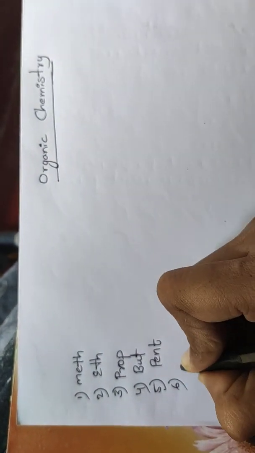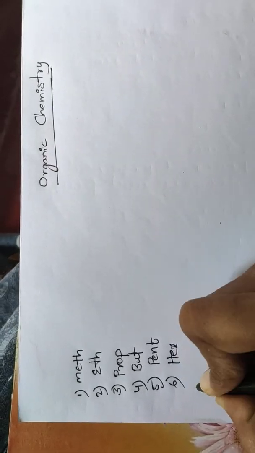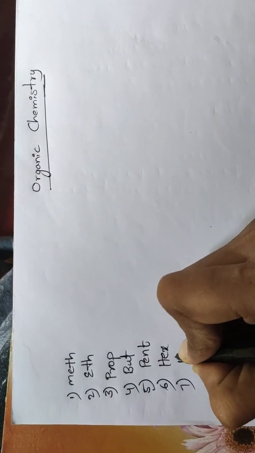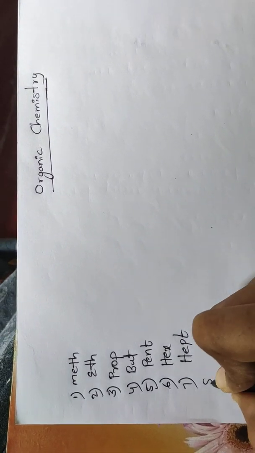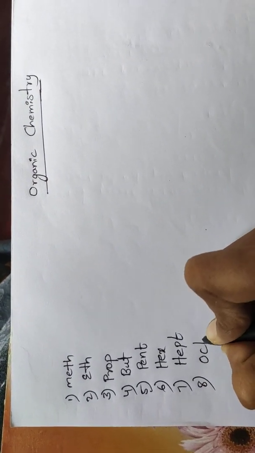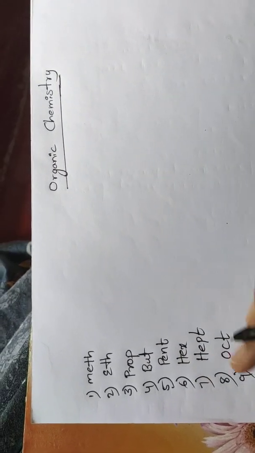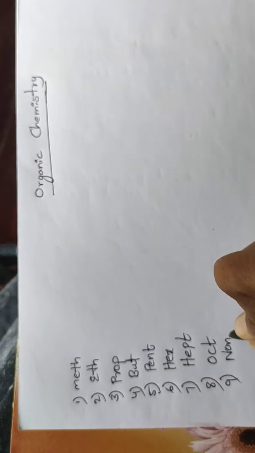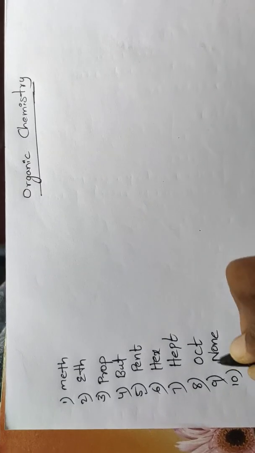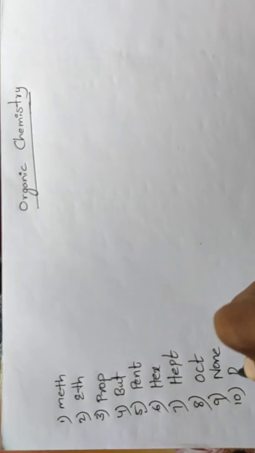Sixth one is hex. Seventh one is hept. Eighth one is oct. Ninth one is non. Tenth one is deck.